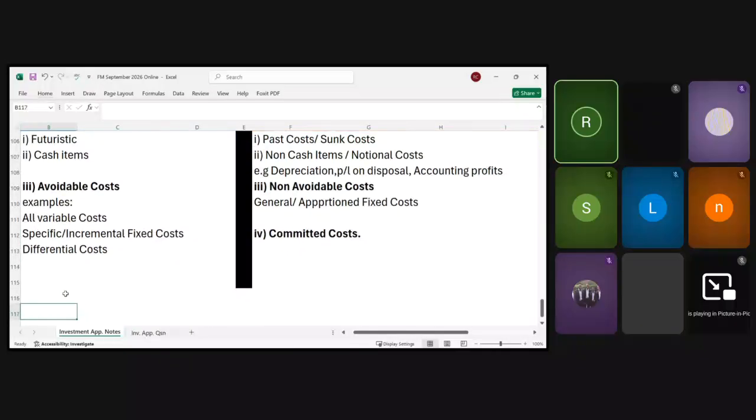Now we have something that is relevant here. Opportunity cost is always relevant. So how do you define opportunity cost? This is the value of the best alternative forgone in order to pursue another option.